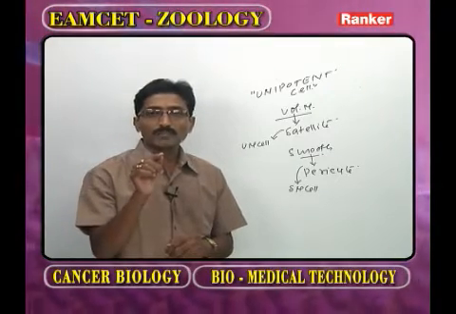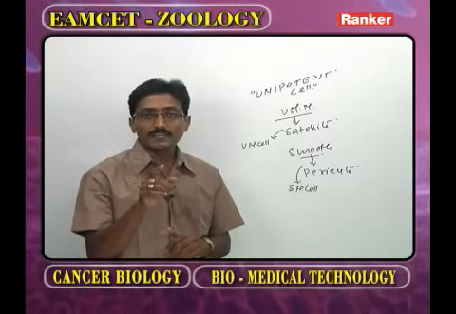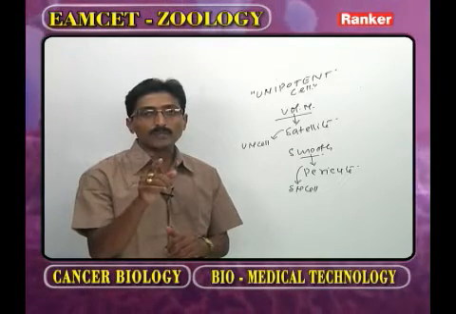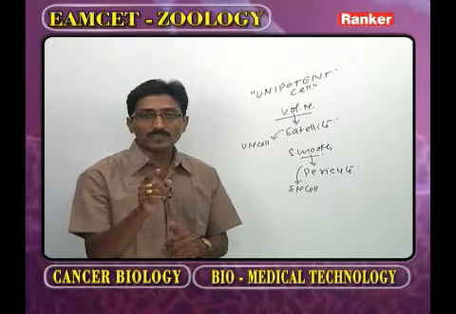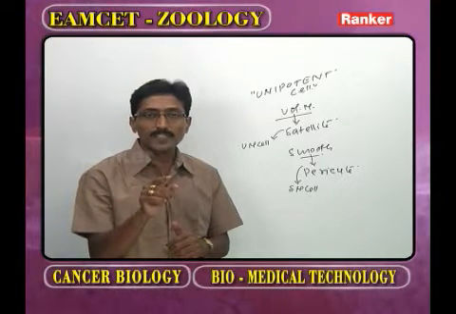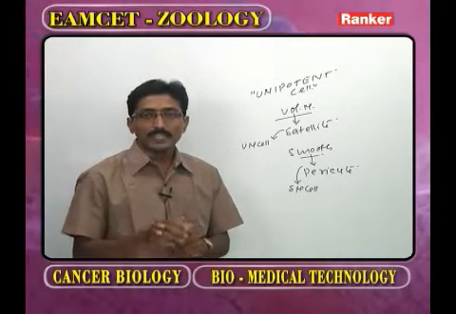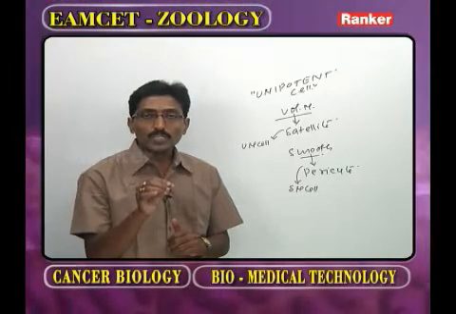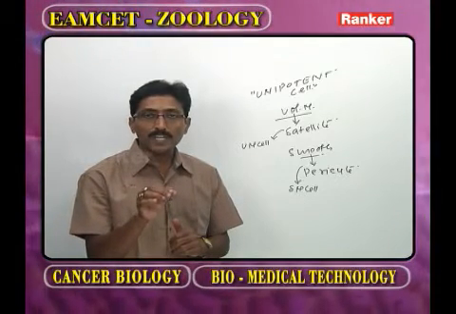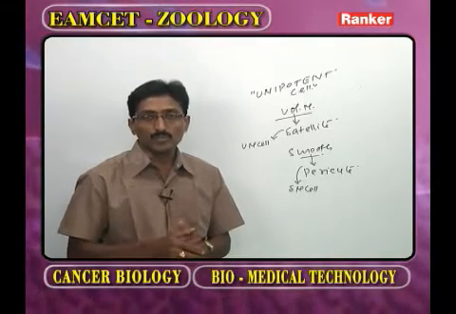Take for example sponges. In sponges, what are the totipotent cells? The archaeocytes. In case of earthworm, what are the totipotent cells? Basal cells. In all well-developed animals, the totipotency power belongs only to the zygote.